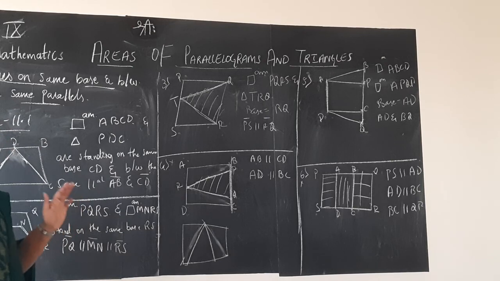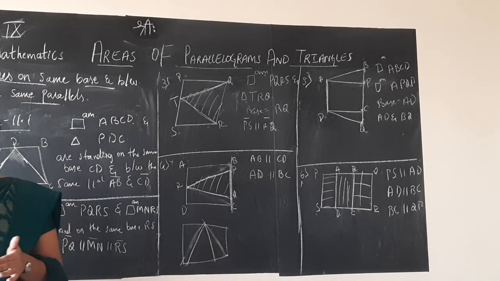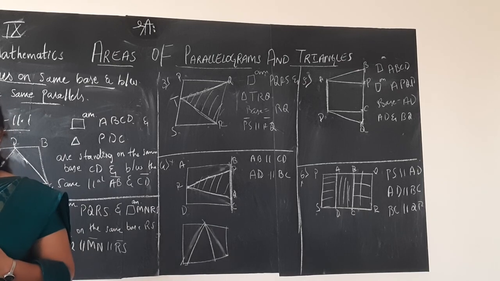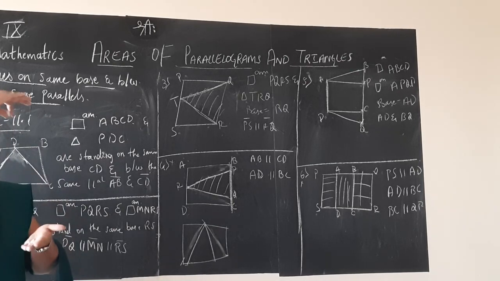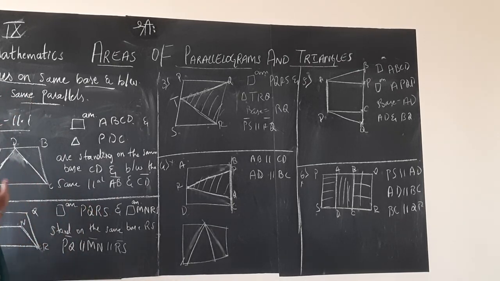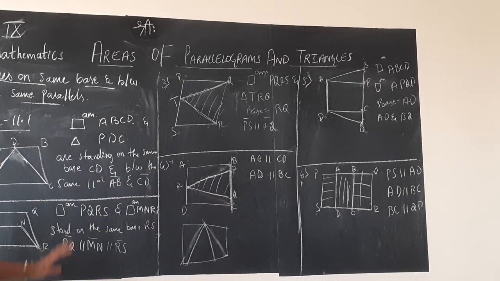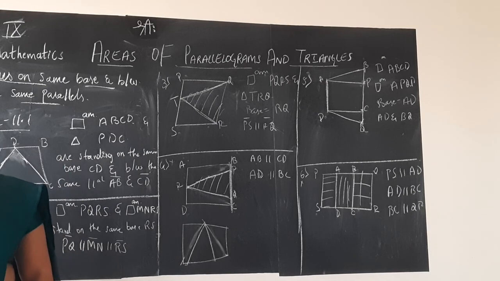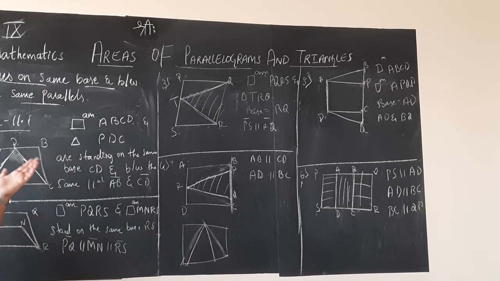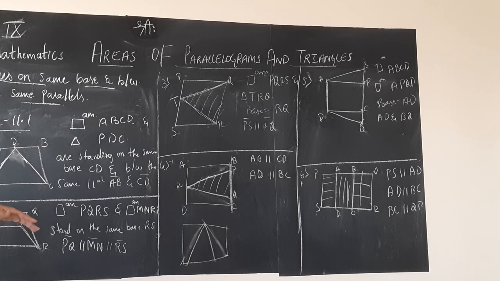So hope you have understood the concept of two figures which lie on the same base and between the same parallels. Make sure that you carefully observe whether those two figures join at the same vertex or not, and concentrate. Then only you can answer it properly. This is one important thing you have to understand in order to solve the problems, children.